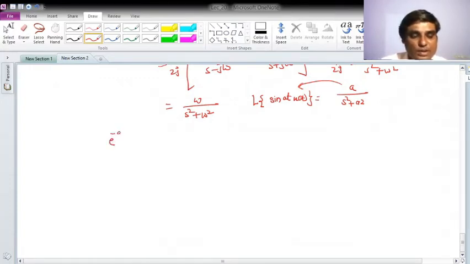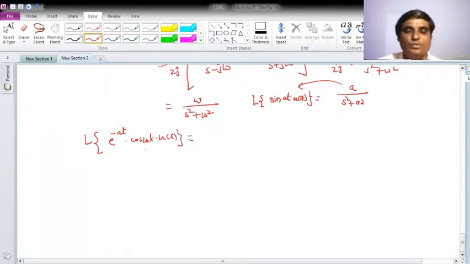Suppose e raised to minus at, I'll multiply with cos omega t, and I would like to find out the Laplace transform. Obviously multiply with u of t. So if you would like to find the Laplace transform of any signal, try to express it in exponential form, so it will be easy for me to integrate it, right?